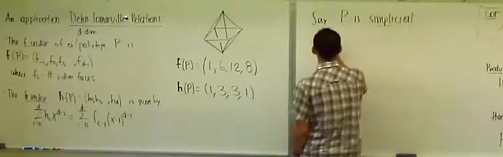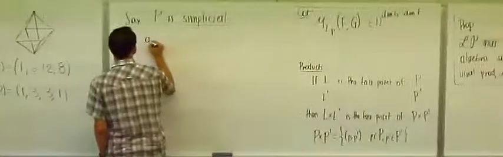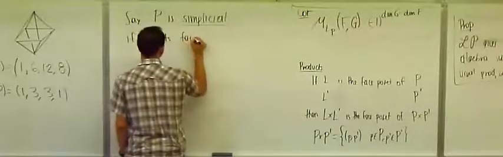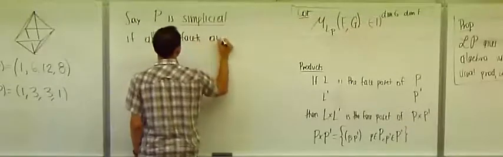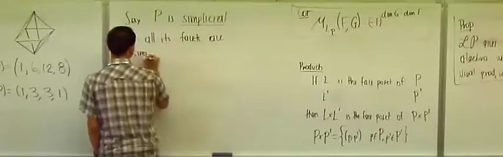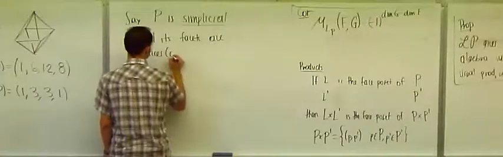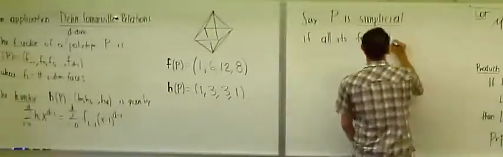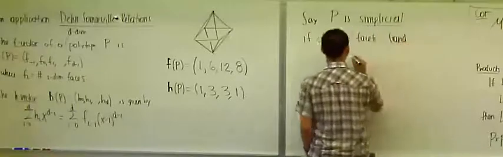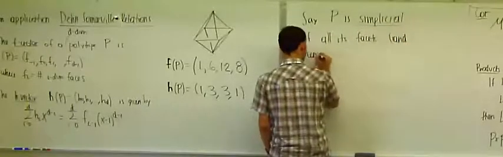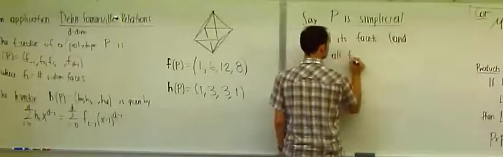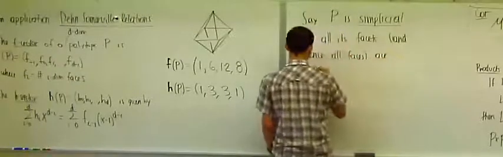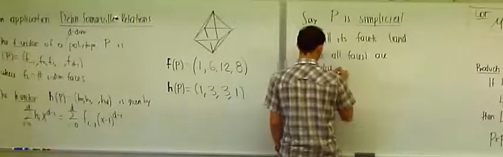P is simplicial if all its facets are simplices, and therefore all faces are simplices. Okay.